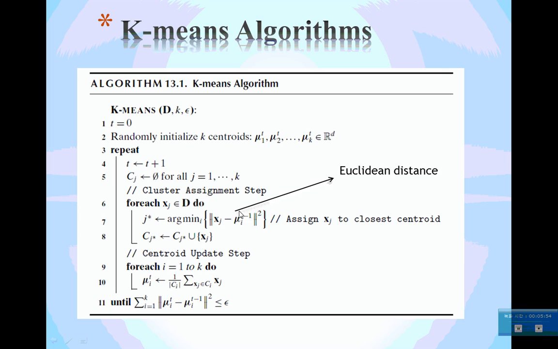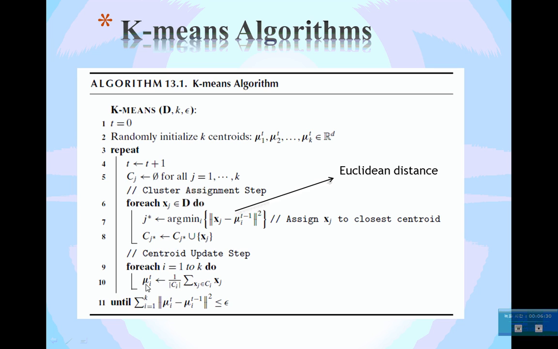If this distance is very small, very close, we compare this value to all of these values. Which value is closest? Then we take that i as i star. So this data point will go to the cluster i star. That's why this comes to here. So we repeat this way.